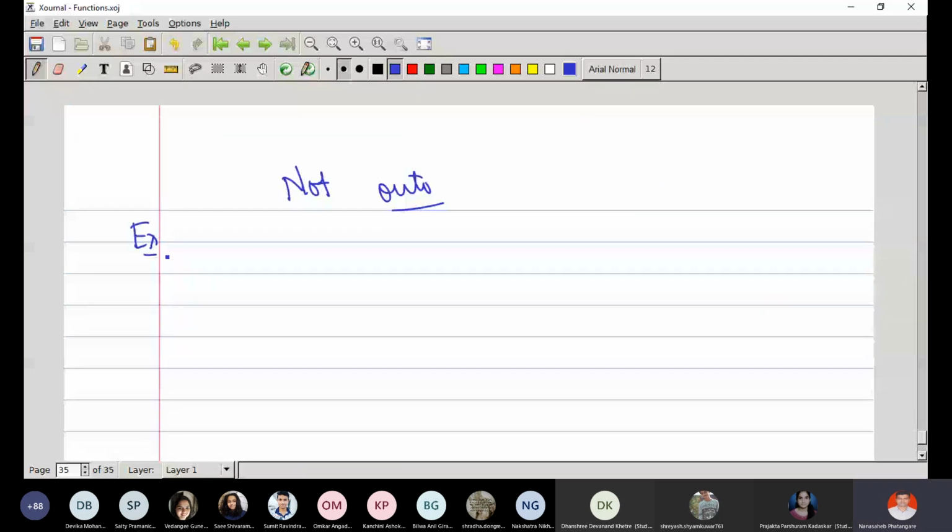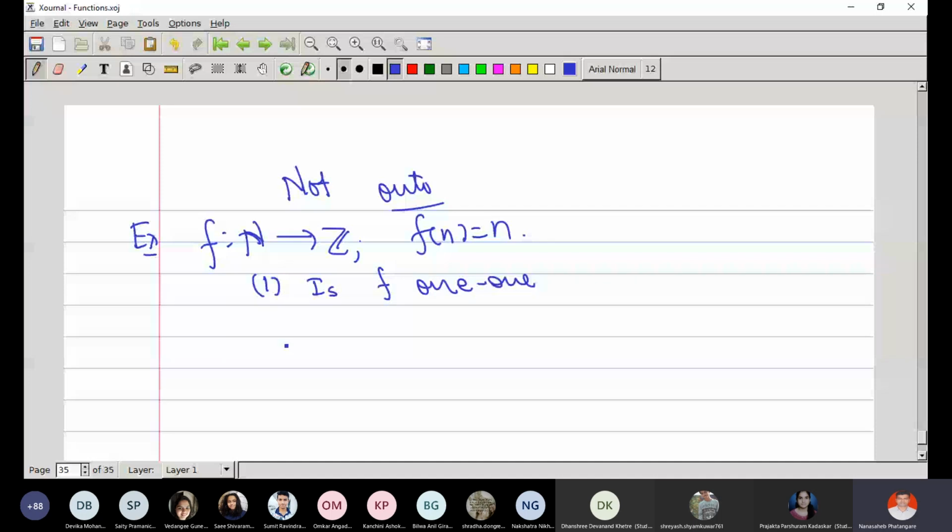Right, so if I define a function from natural numbers to integers, f of n is equal to n, is f 1-1? Is f onto? Okay, is this function 1-1? Yes, sir. Right, because it is straightforward to see that it is 1-1.